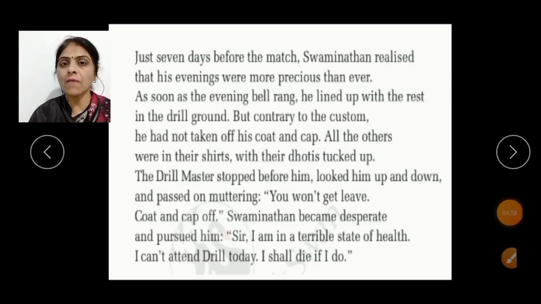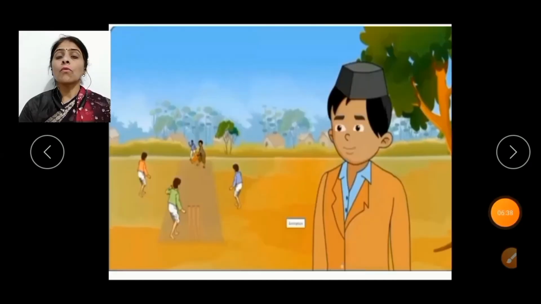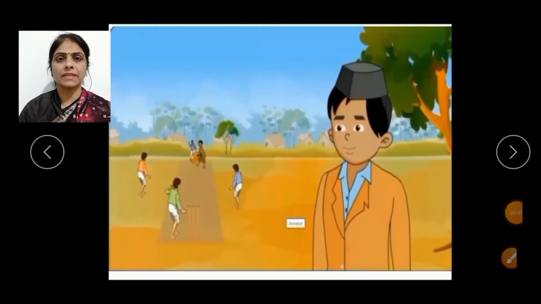From this para we will know what another way Swami had in his mind to make his evenings free for the practice. When only 7 days were left for the match, Swami realized that without practice they could not win the match. They could not defeat the YMU team.